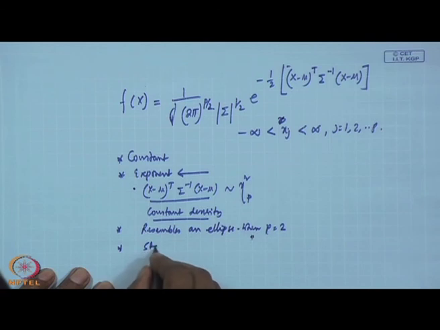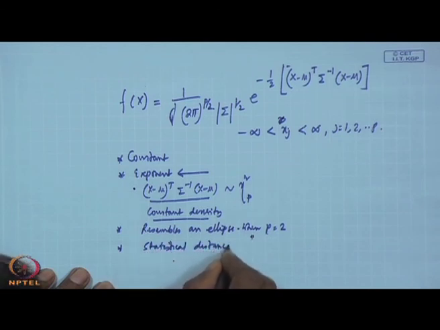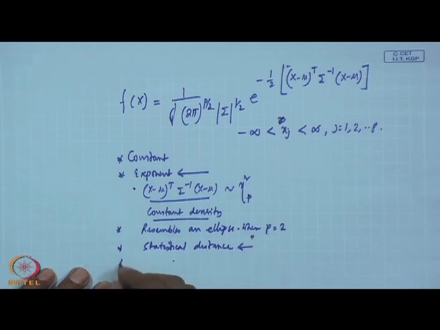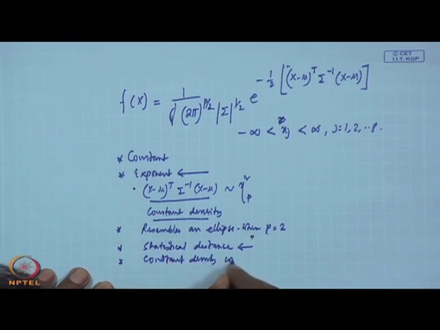Then there is another concept called statistical distance. Keep in mind, this is a very important concept, and constant density contours. The properties of the multivariate normal distribution are important.